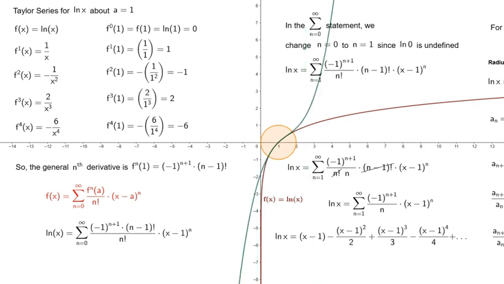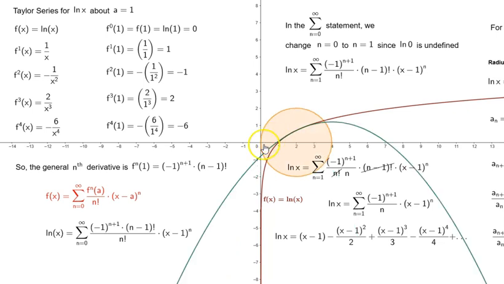Now, what about if I center not about 1, but say about 2? So my radius of convergence also increases. As I mentioned previously, one way of looking at radius of convergence is the distance to the nearest singularity or discontinuity.